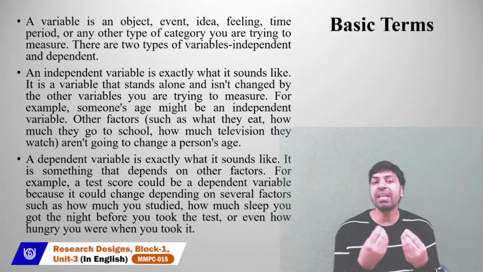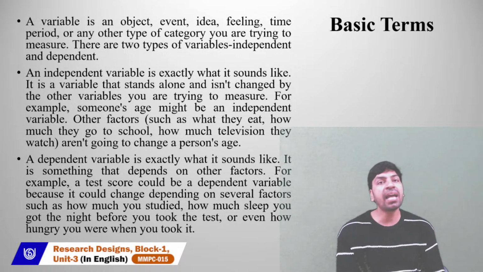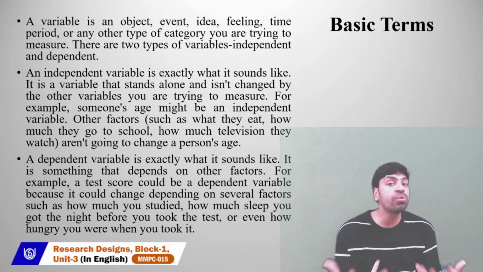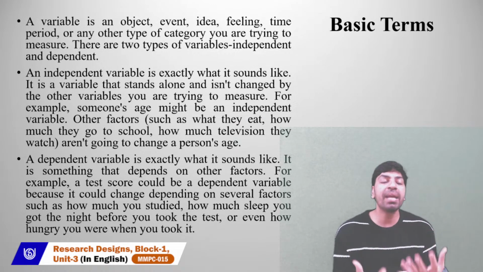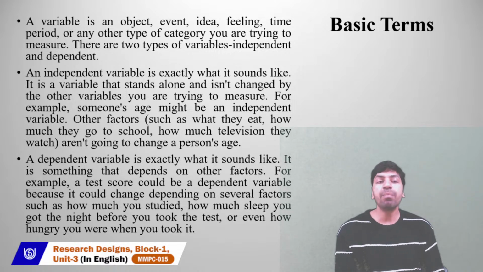When we try to measure any feeling or idea, it is measured based on scores, and when the scores come out in a numerical way, that is ultimately called a variable.